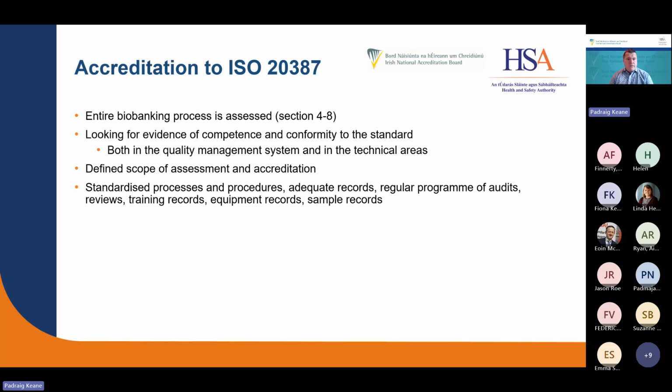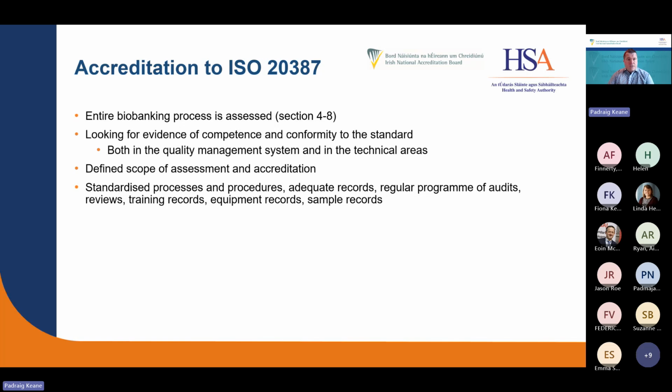It covers both the quality management system, which is items in section 8 at the moment, document control, control of records, and internal auditing, management of non-conformities, and then obviously the technical areas, which covers items like staff training, handling of samples, retrieval of samples, sending samples out, distribution of samples as well. And we normally break that down between 2 to 3 different technical assessors who will each focus on their own area.